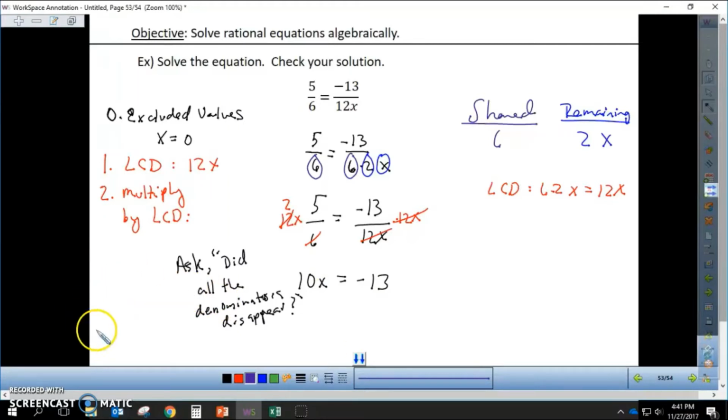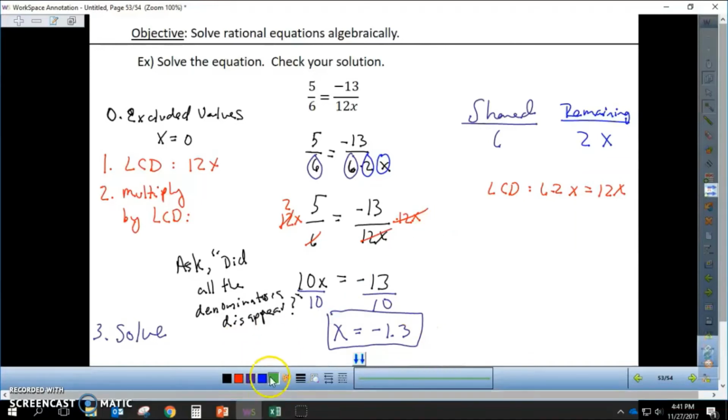And here's step 3. Step 3 is to solve, and I'll write this in purple. I'm going to divide this by 10, divide this by 10, and we get x is equal to negative 1.3. No calculator needed because I'm a smart cookie. So x equals negative 1.3. That's step 3. Step 4 is to check for extraneous solutions.